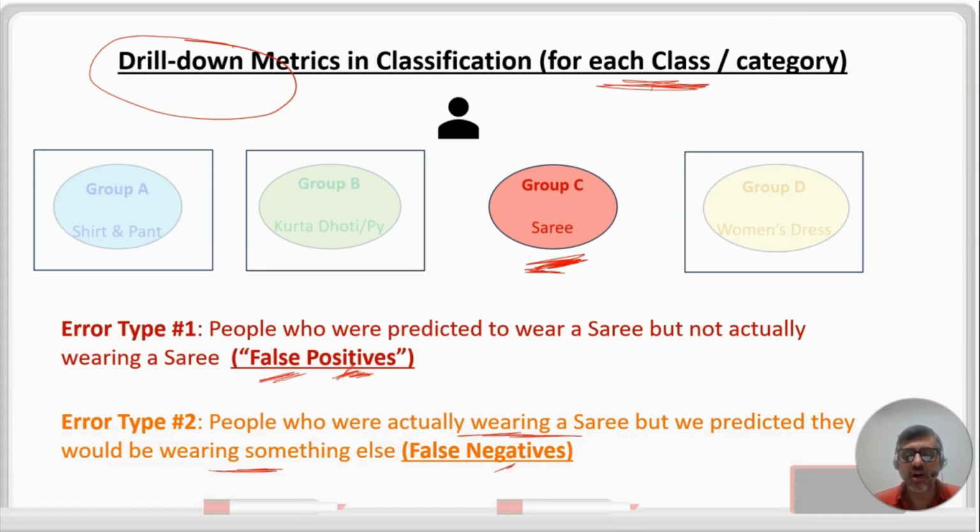Negatives because in the context of our group, our classifier said negative, they don't fall in the group, but we were wrong, hence false. So false positives and false negatives are the 2 types of errors that you would see vis-a-vis people in group C, and people who were supposed to be in group C.